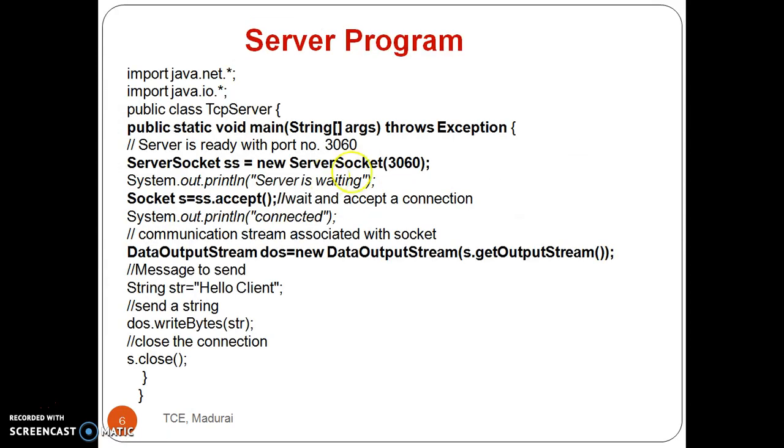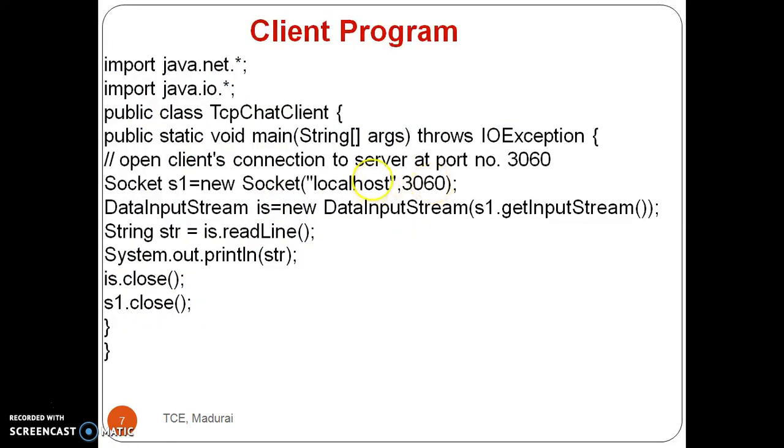At the server side, we are defining only the port number at the ServerSocket object. 3060 is the port number of the server. So at the server side, we are just defining the port number, but at the client side, we are defining two pieces of information. One is the host name or IP address, and another is the port number.